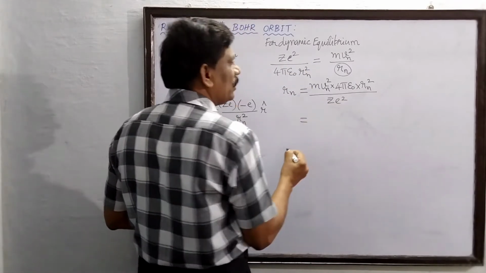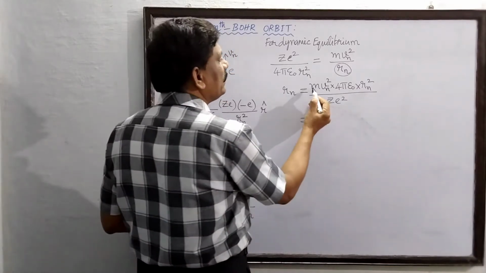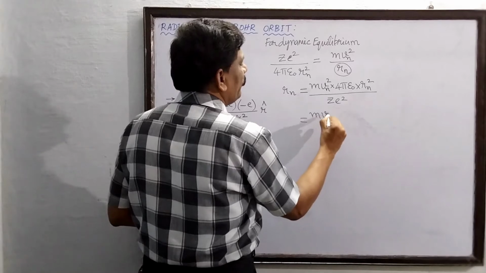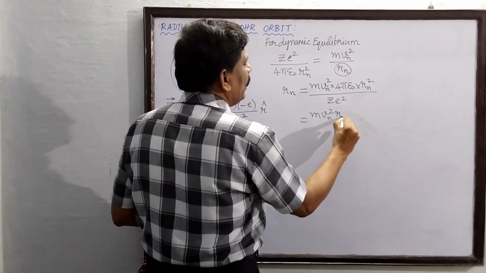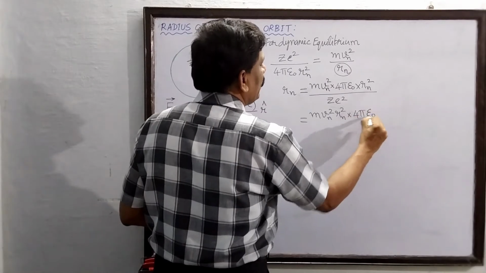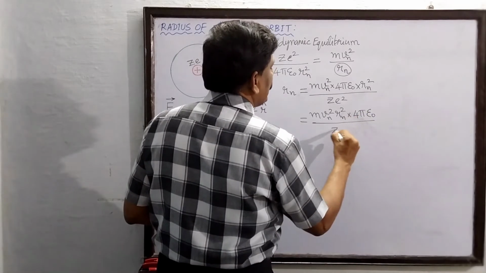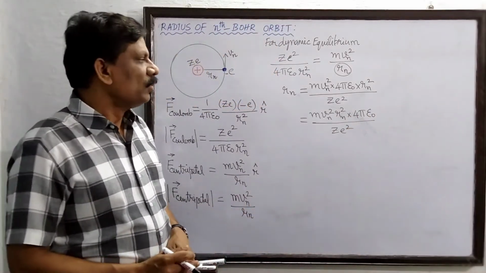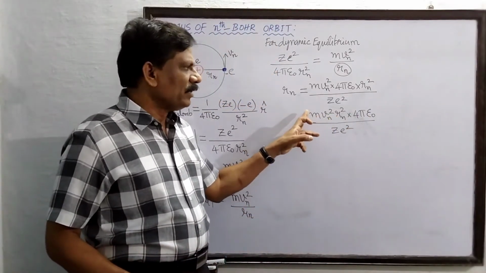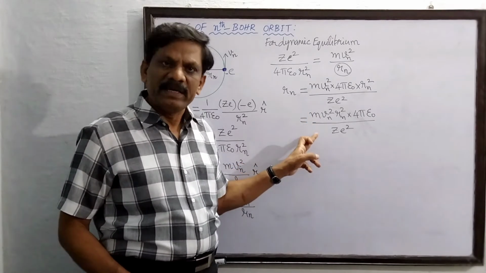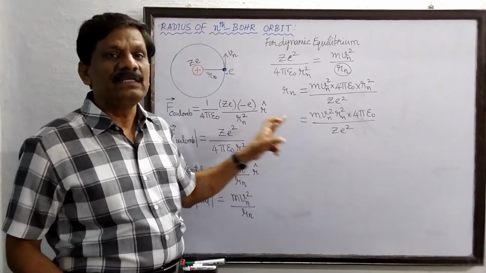Now I will group the terms. So this is m v square Rn square into 4 pi epsilon naught divided by Z e square. Is that e square? Okay. Now I am going to multiply the numerator and the denominator by the mass of the electron m.